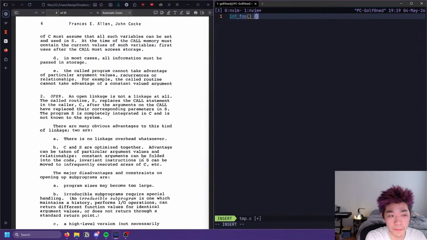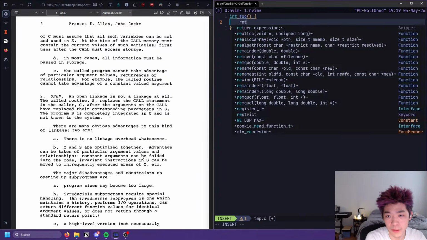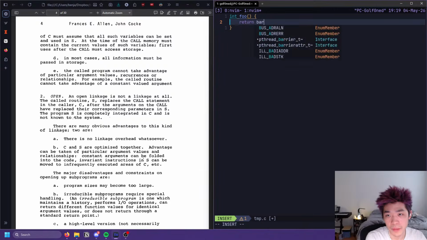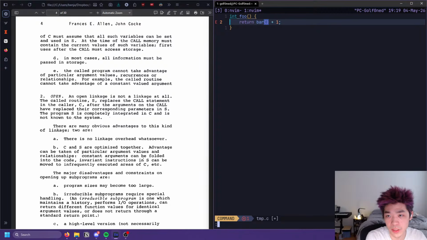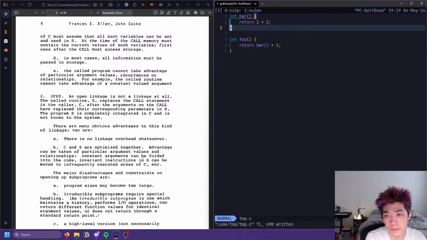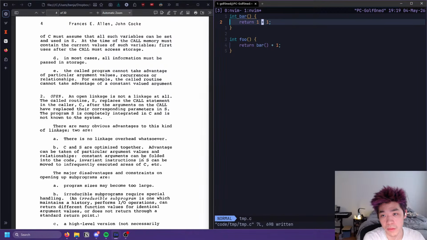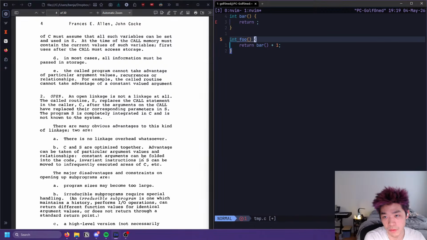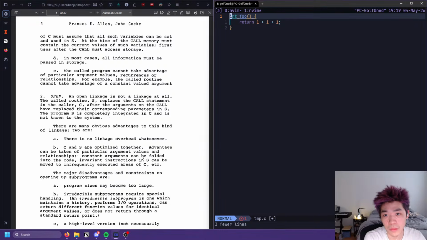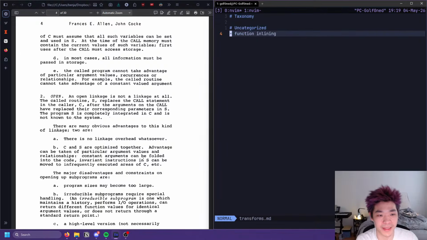So we have int foo, and then we have return bar of 3 plus 1, for instance, or we can just do bar plus 1 here, and then we declare int bar up here, which is return 1 plus 1. So what inlining is, you take this body, you just paste it in here. That's all inlining is. So yeah, that's the short explanation of what's happening here.